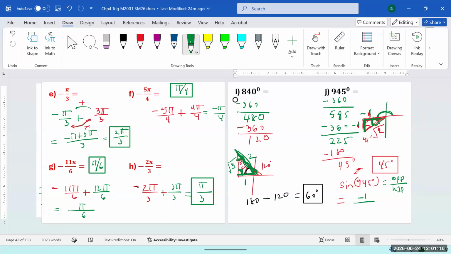And how much is our hypotenuse? Square root 2. So see, it doesn't matter what angle they give us, we can always find its value using reference angles. That's why we care about reference angles.